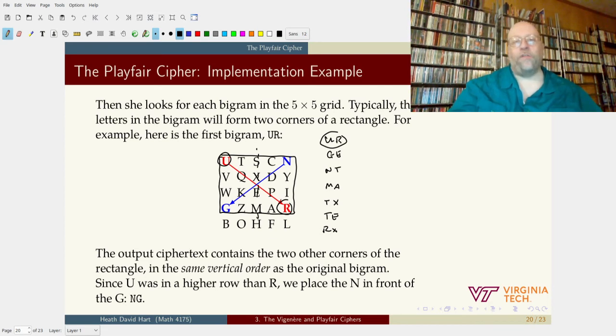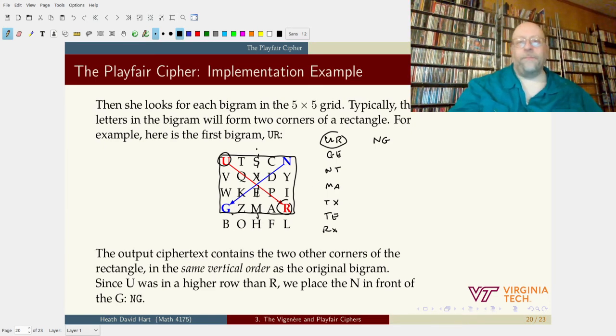The diagonal is pointing downwards. The U is on top, the R is on bottom. So then I'm going to flip the diagonal left to right and replace UR with NG. Since the U is on top, the N is on top, so the N will still come first. Okay, so we're just flipping the arrow across a vertical axis here.